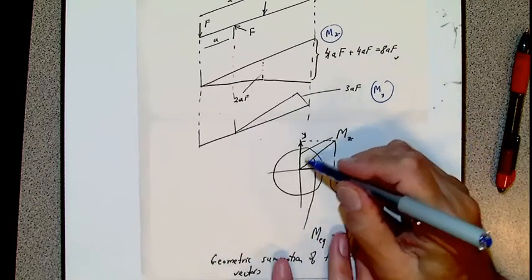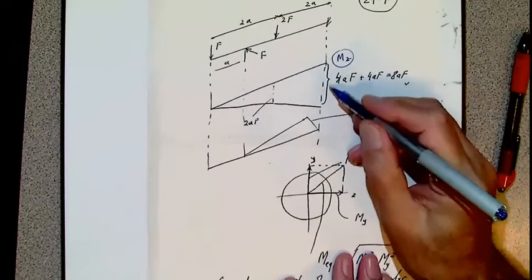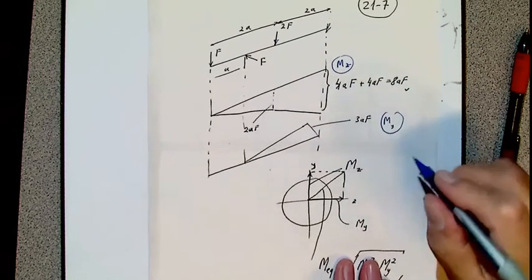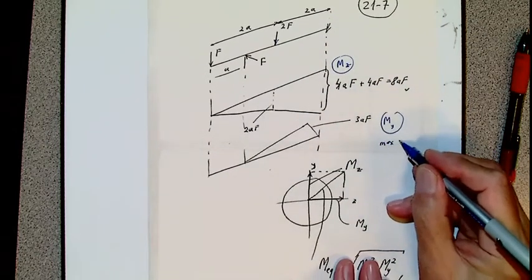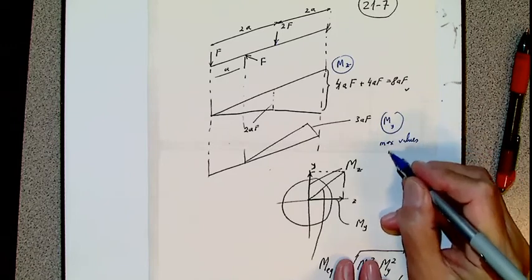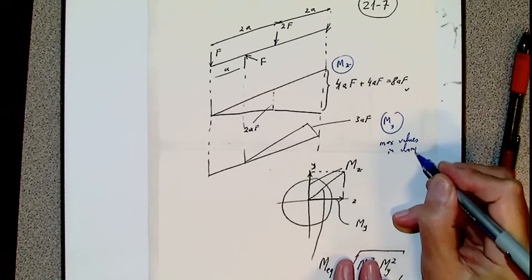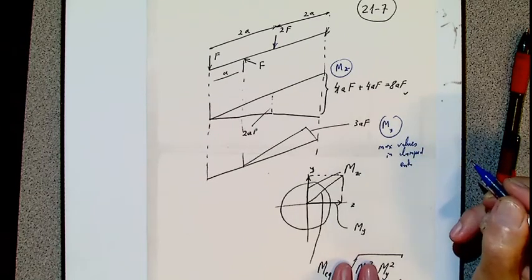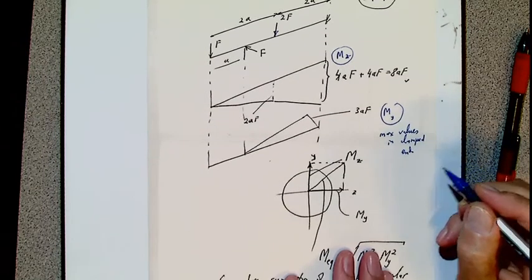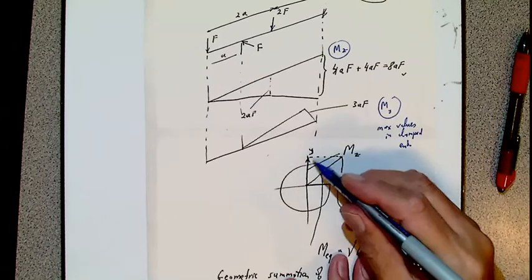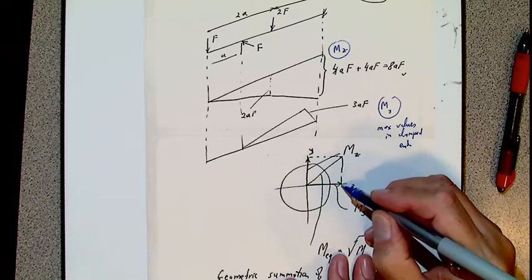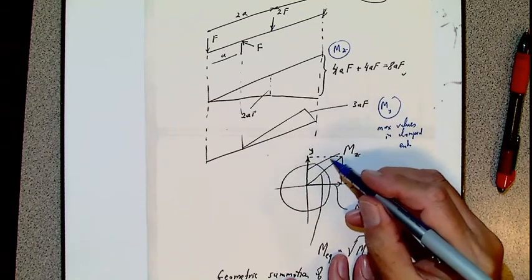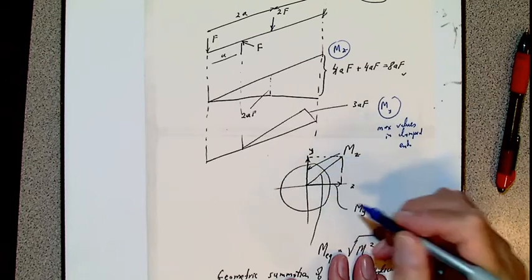So pay attention here: the maximum moments will appear in the clamped end. Maximum values in the clamped end. Then there is a moment with respect to the y-axis, and a moment with respect to the z-axis.